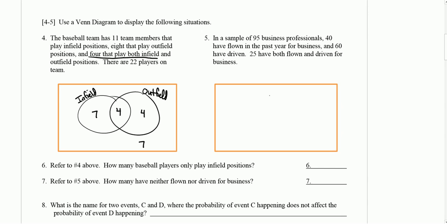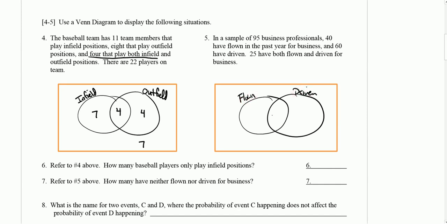For 5, we have business professionals who have flown in the past year for business, and those that have driven. And again, I'm going to draw 2 intersecting circles. We got flown and driven.